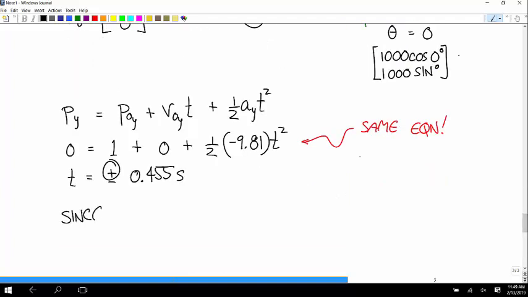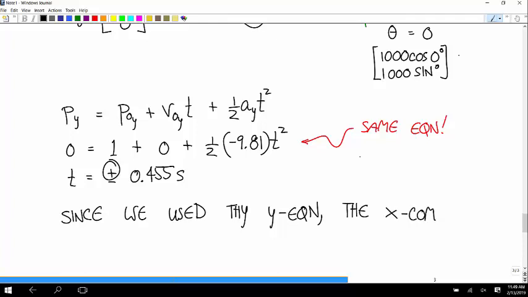And the thing is, since we used the y equation, the x component of initial velocity never even came up.